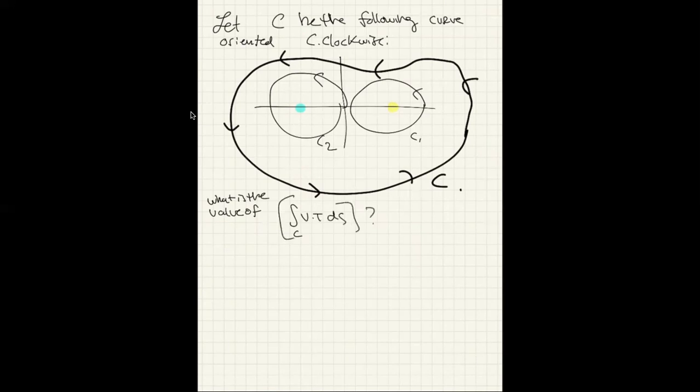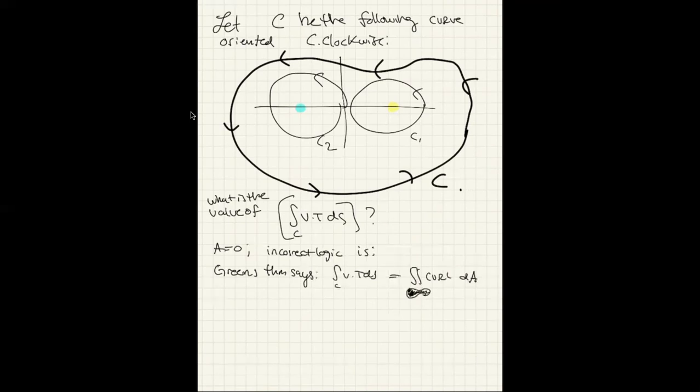Okay, so a correct answer is 0. So the answer is 0, but incorrect logic is the following. Green's theorem says the single integral will equal the double integral of the curl dA over the big peanut region.